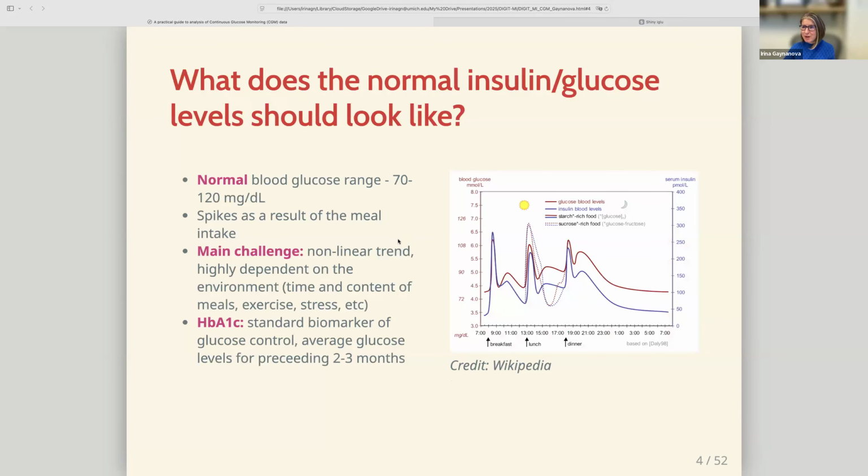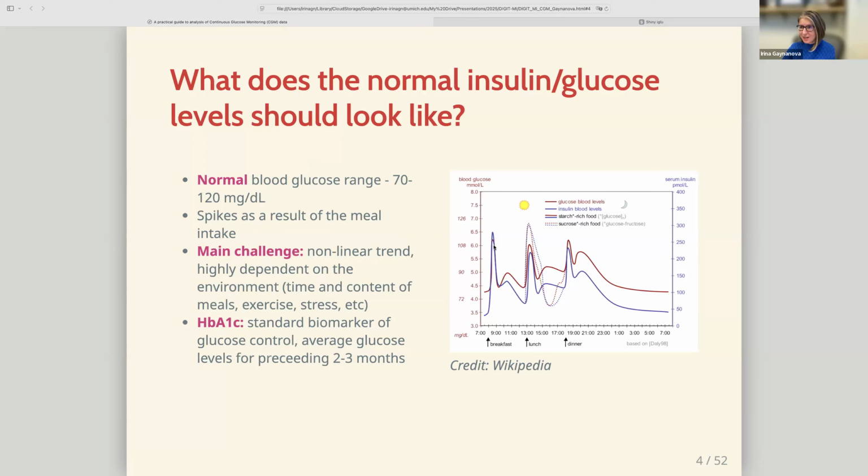To understand why we need to measure glucose so often, let's think a little bit about what normal glucose levels should look like. This is a cartoonish illustration of a person without diabetes, where as we eat, we have breakfast, depending on what we eat, our glucose will go up.